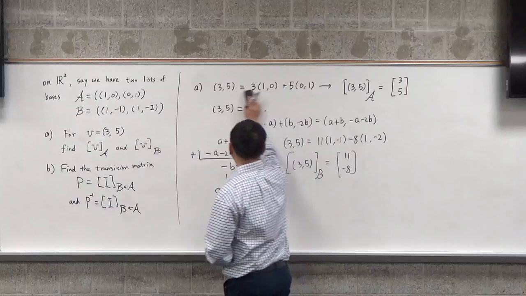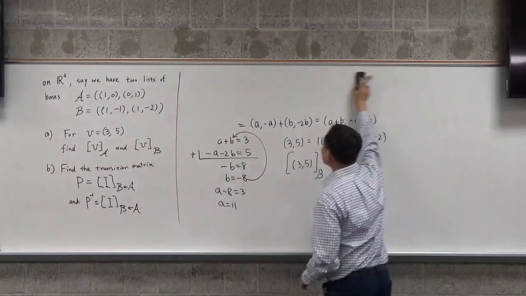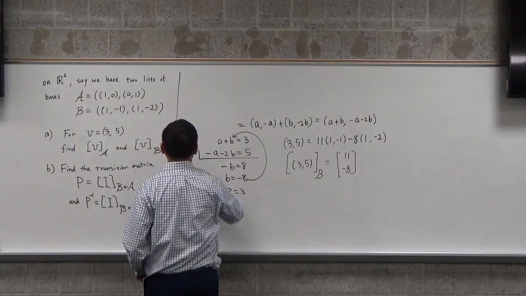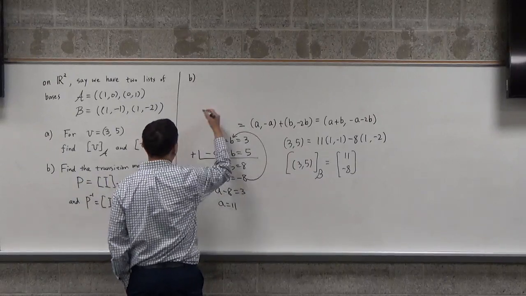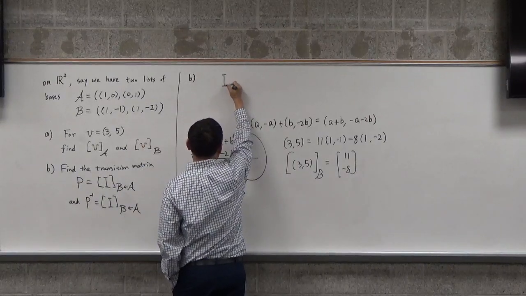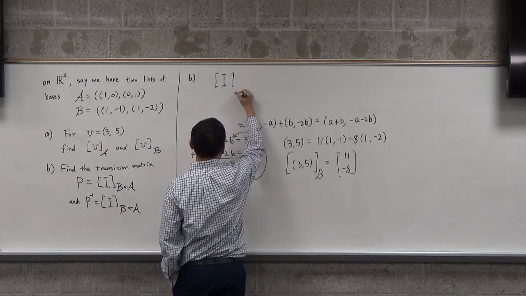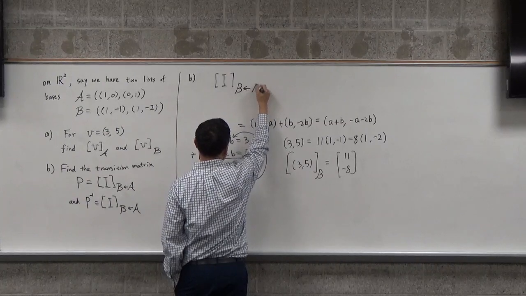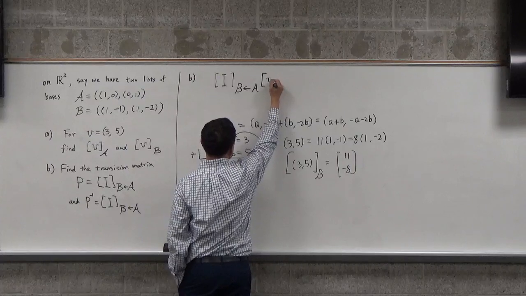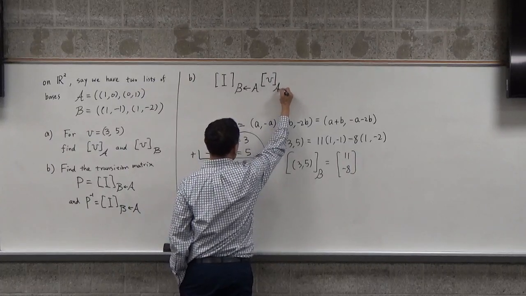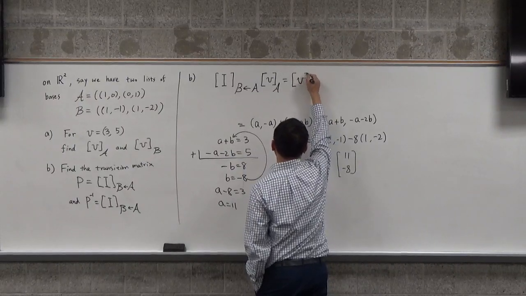Well, the identity from A to B applied to a vector under A changes this into the vector representation under B.